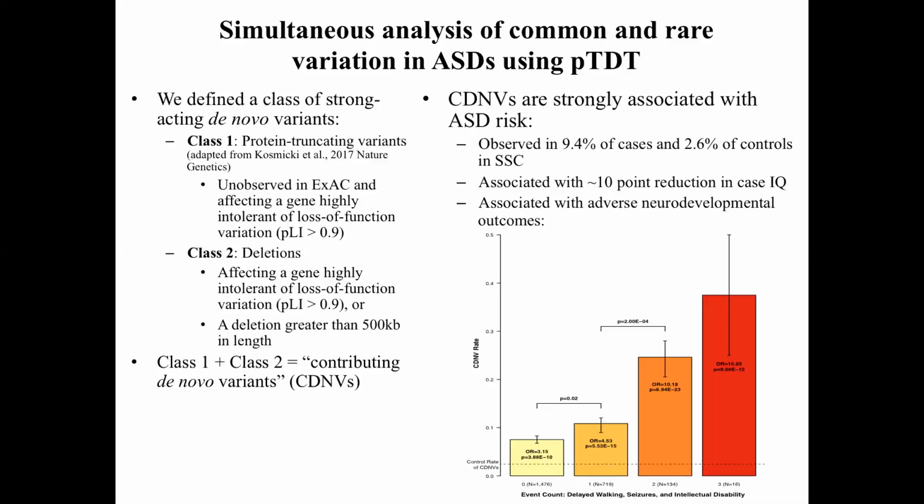So our question was then, even for Simons probands who carry one of these strong acting de novo variants, which have been previously very consistently associated with autism, do you still see polygenic overinheritance, the role of common variation playing an etiologic role in autism?